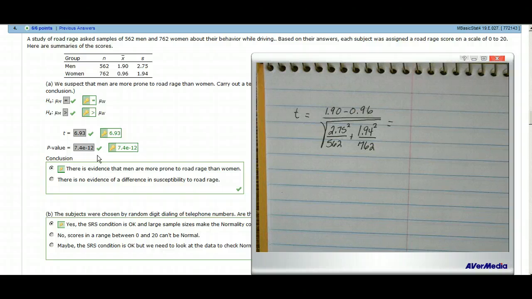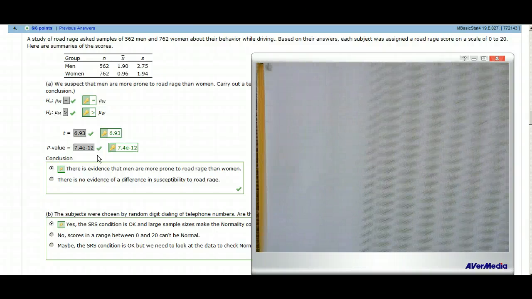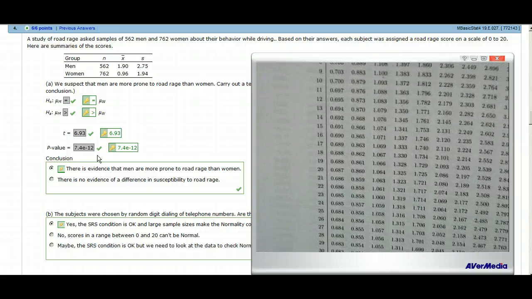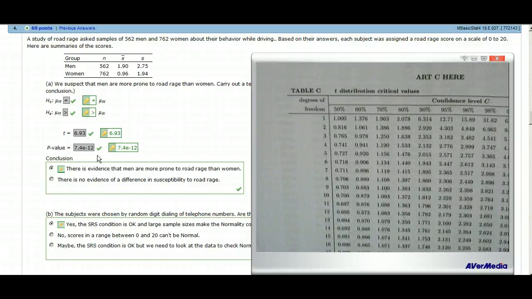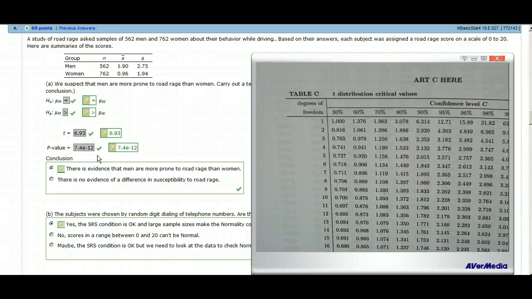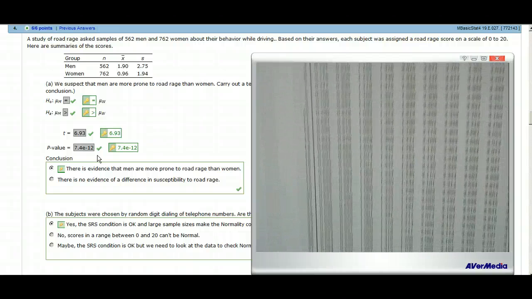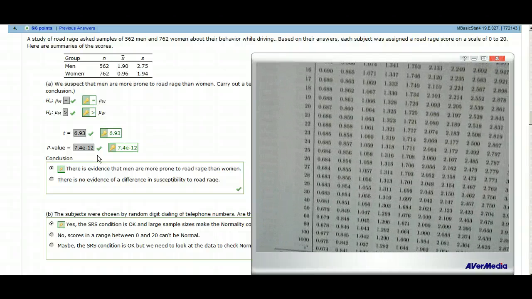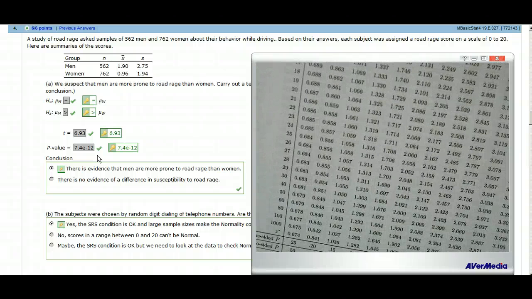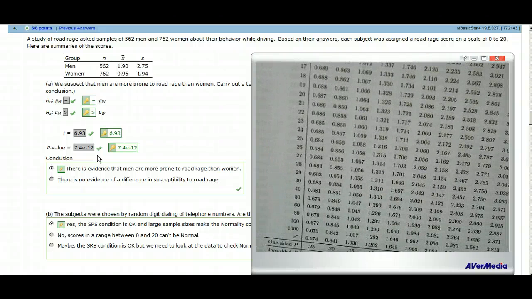Now, most tables, if it's a table, don't have those. If you use software, it'll calculate that. So in our Table C, let me just show you what the top looks like here. The degrees of freedom are in that left column. And you're going to see in this column we don't have a 561. 561 is going to fall somewhere between 100 and 1,000.